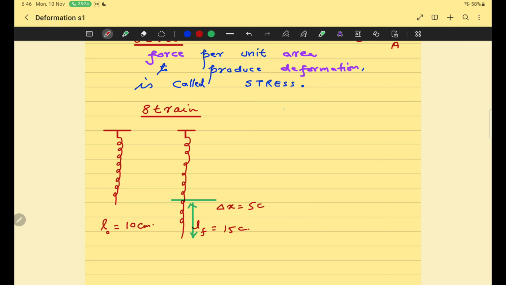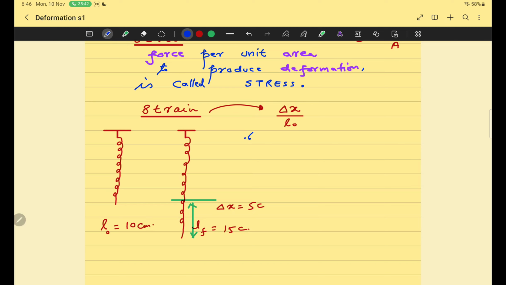If you divide extension by original length, then this ratio is called strain.